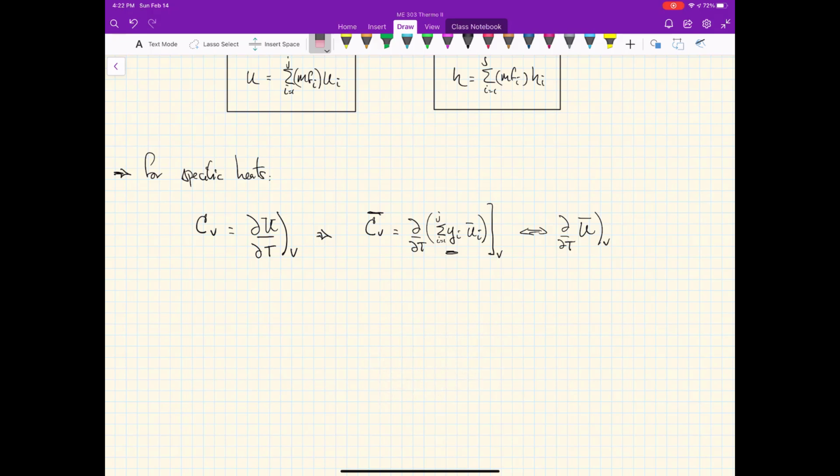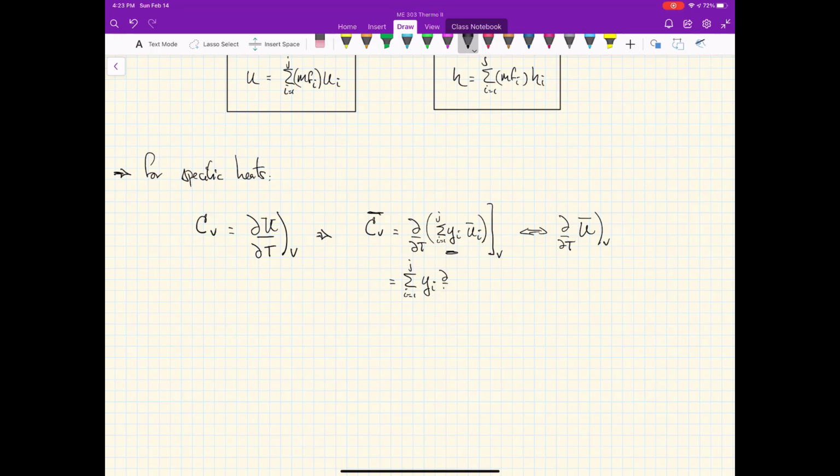All right, and because the mole fraction of each of the constituents is not a function of temperature, we can take the derivative inside that summation, which gives us the summation over each of the constituents of y sub i times d/dT of the molar internal energy at constant volume.